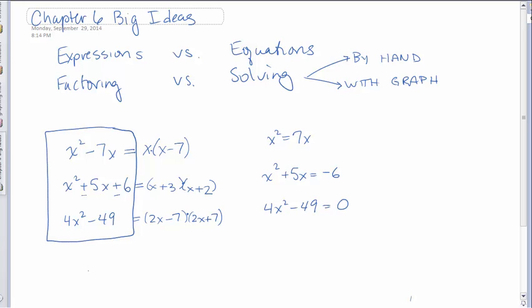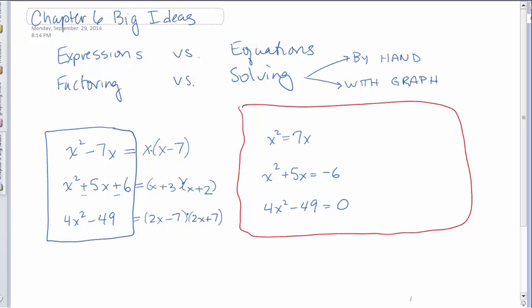On the other hand, this side over here, these are equations. And you know that they're equations because they have this equal sign here and there's something on both sides. So if I see one of these, I know that I'm being asked to solve for them, which means tell me what value of x I plug in to each side in order to make the left side equal the right side.